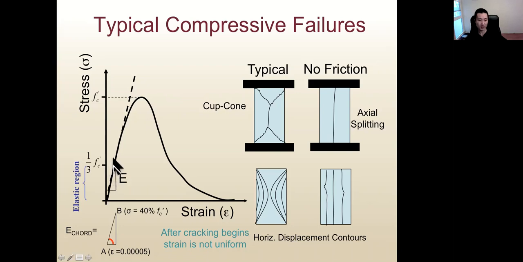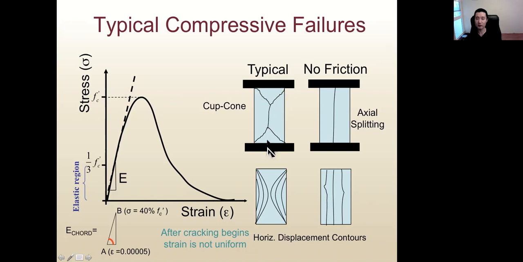After the concrete cracks, the slope will become flatter, a smaller slope. The final failure will happen here, and this is f'c, which is the compressive strength of the concrete. After that, the concrete can still resist some of the load, but not as high as f'c. Depending on the friction on the top and bottom plate, typically we have this popcorn-shaped crack.